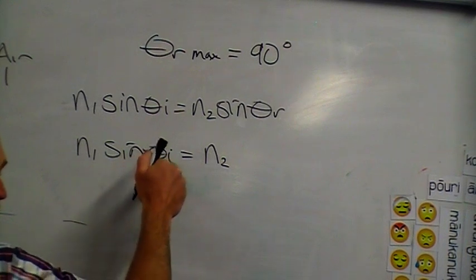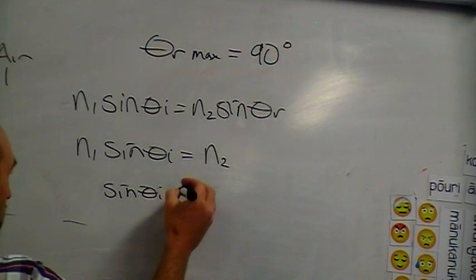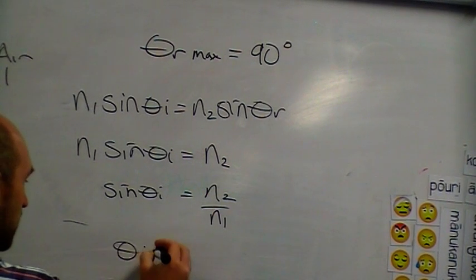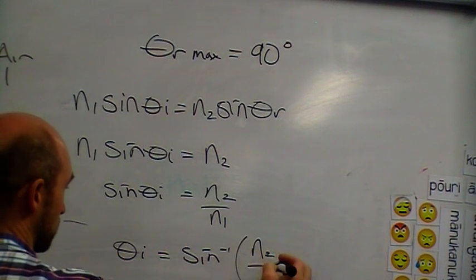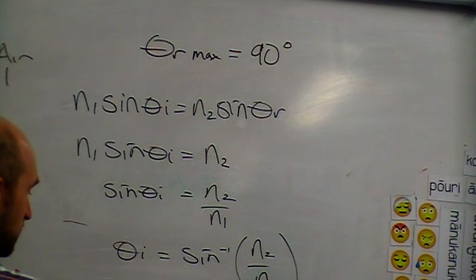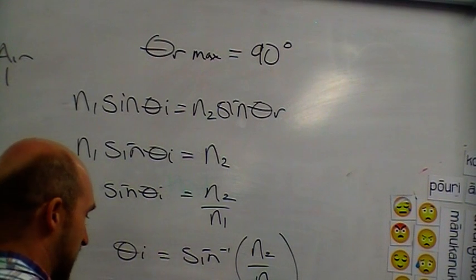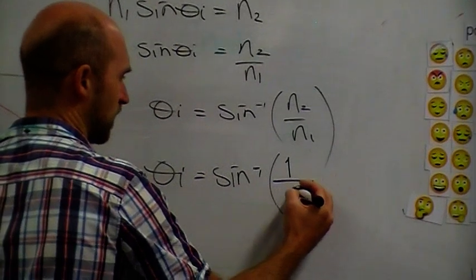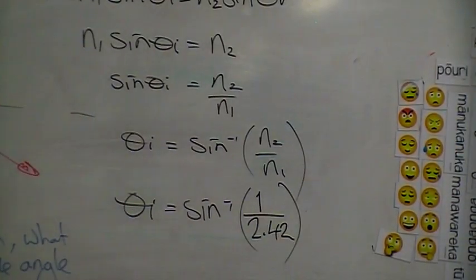We rearrange to leave theta i by itself, so sine theta i is n2 over n1. Theta i is the anti-sine of n2 over n1. So the maximum possible angle of incidence is the anti-sine of 1 over 2.42. How much does that give us?